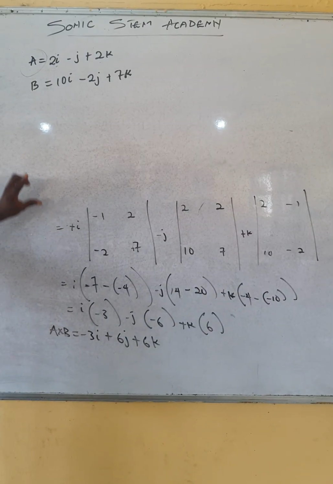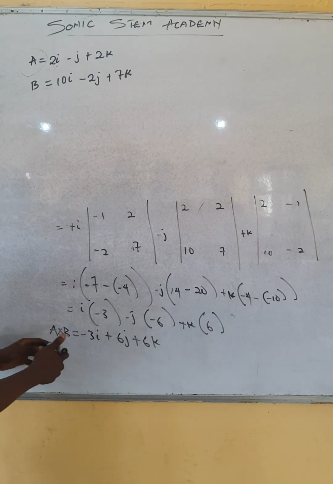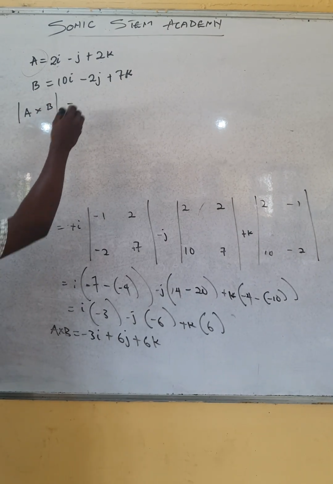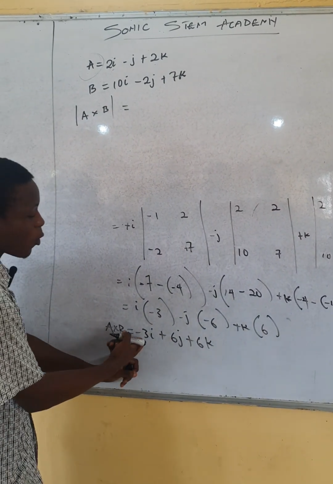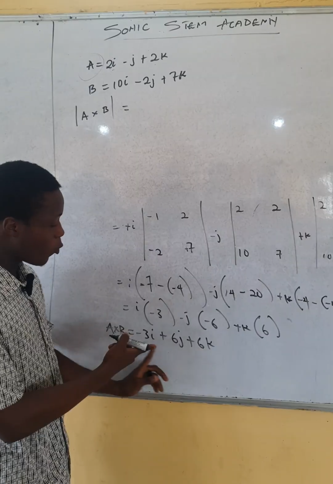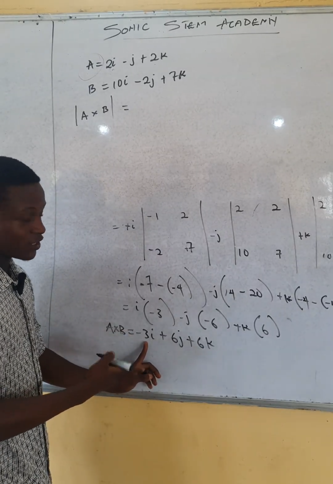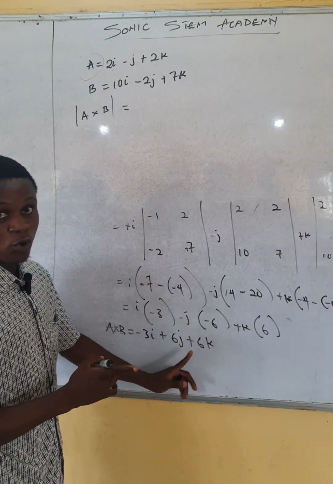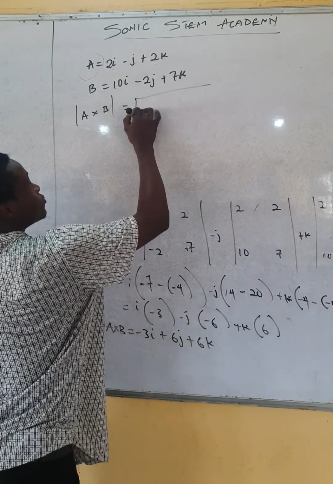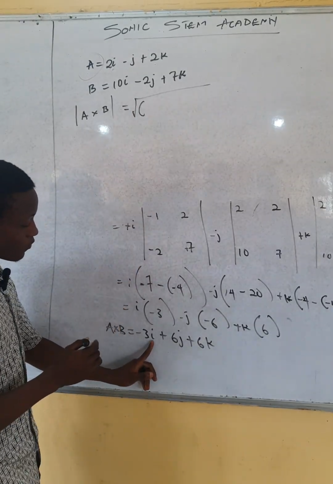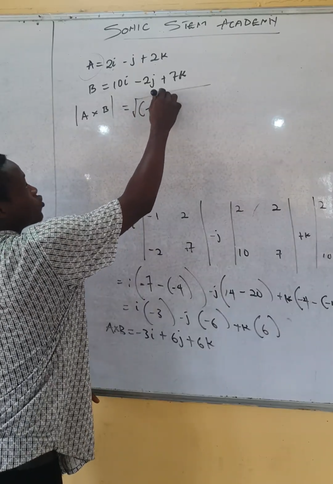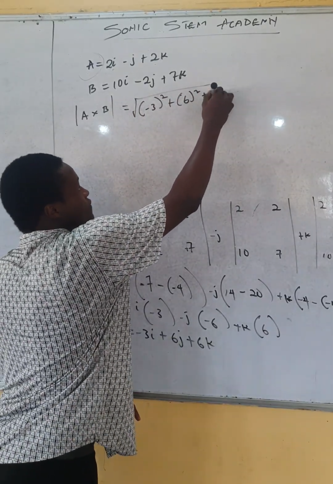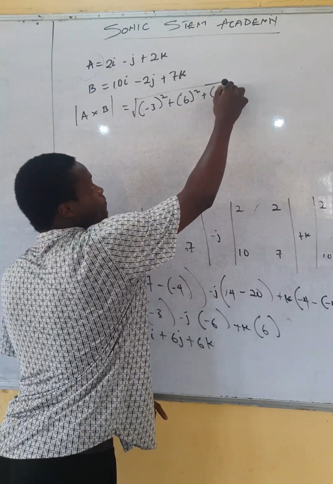So now we need to get the modulus of this cross product. To get the modulus of A cross B, you take the square of each coefficient of your unit vectors, sum them, and take the square root. So I'll be having the square root of the coefficient of I, which is minus 3 squared, plus 6 squared, plus 6 squared.